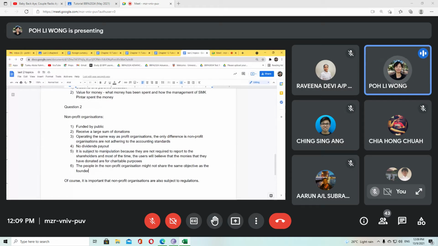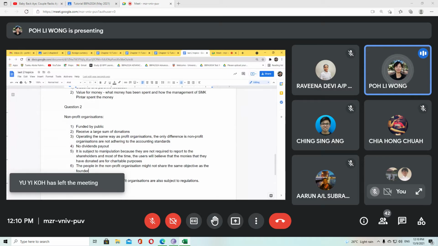They might just want to join non-profit organization for the sake of earning an income. And maybe from there, they can do some money laundering work. They can take more money or earn more commission from the transactions. So it is not really sharing the same objective as the founder.